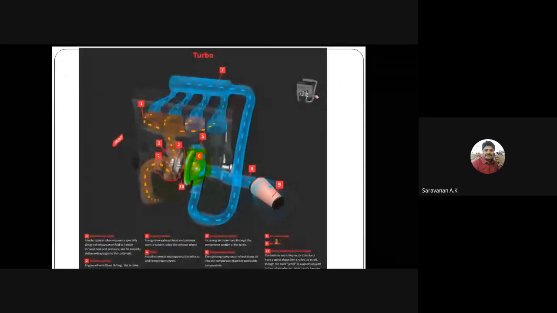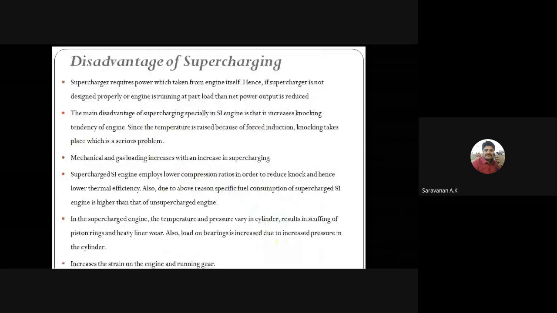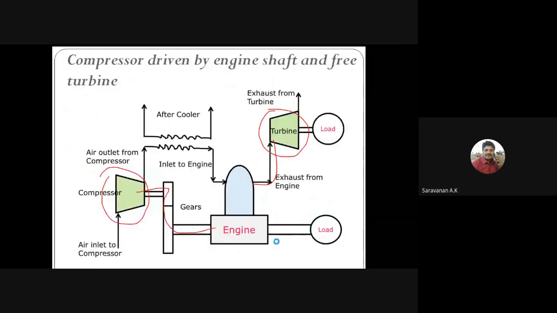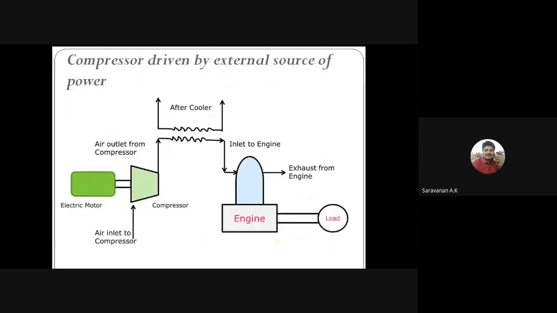In this unit 3, what are the topics we have seen? First we started with the working and construction of diesel engines and the fuel feed system to the diesel engines. We also saw the fuel atomizer and the different types of nozzles and injector pumps: the jerk type pump and the distributor pump.